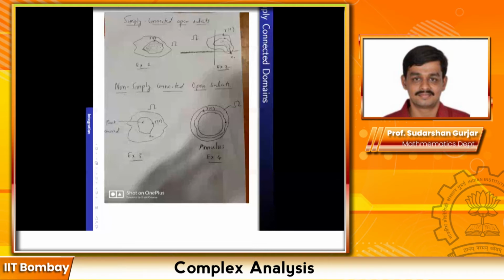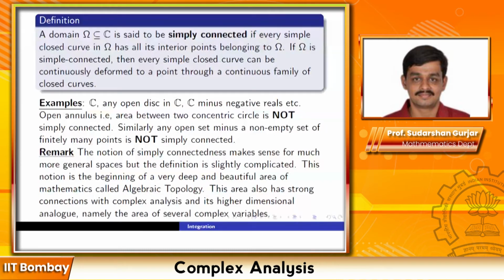Any other questions? So first of all, the examples of simply connectedness, let's go back to that. So C, the open disk, and C minus the negative reals, including 0 actually, they are simply connected. The open annulus is not simply connected. And more generally, if I take an open set and remove any non-empty set of finite points, it is not simply connected.